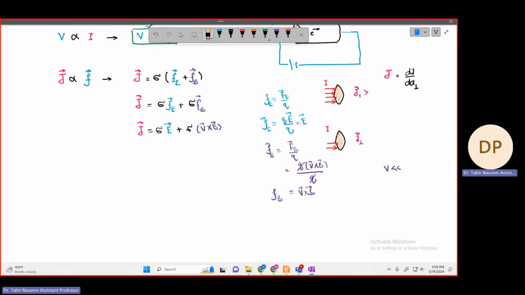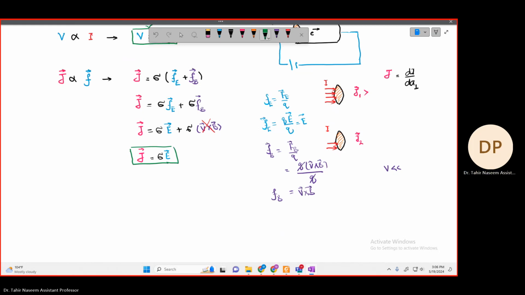Under the assumption that charges are flowing with small velocity, we can ignore this term, and we will have J is equal to sigma E. And this is the Ohm's law in current density form, right?